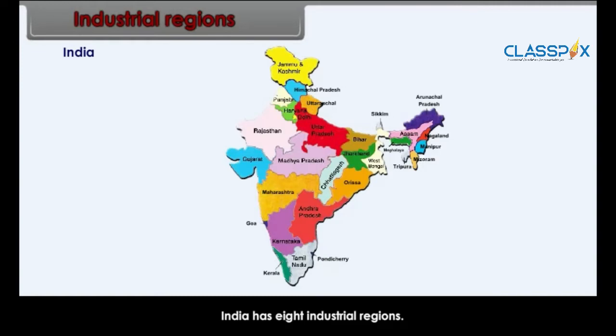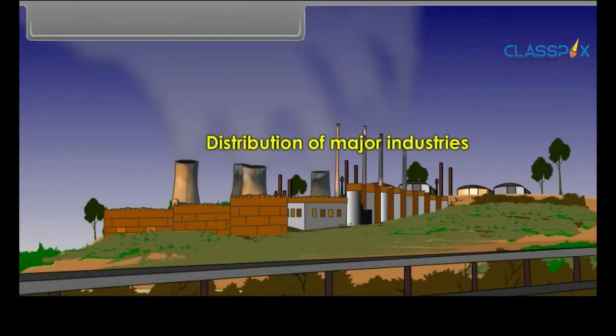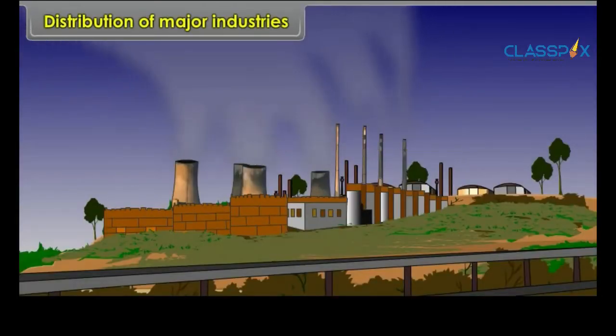India has 8 industrial regions: Mumbai-Pune region, Hooghly region, Bangalore-Tamil Nadu region, Gujarat region, Chota Nagpur region, Visakhapatnam-Guntur region, Gurgaon-Delhi-Meerut region, Kollam-Thiruvananthapuram region.